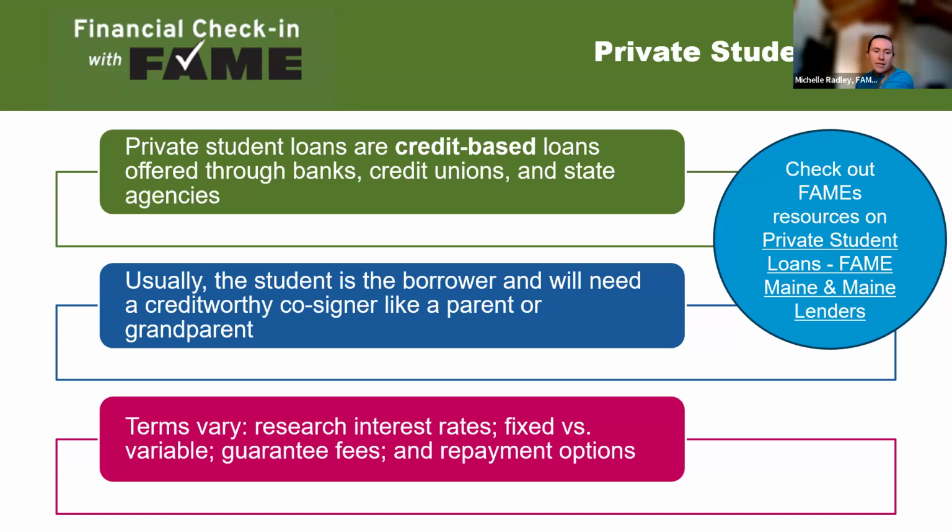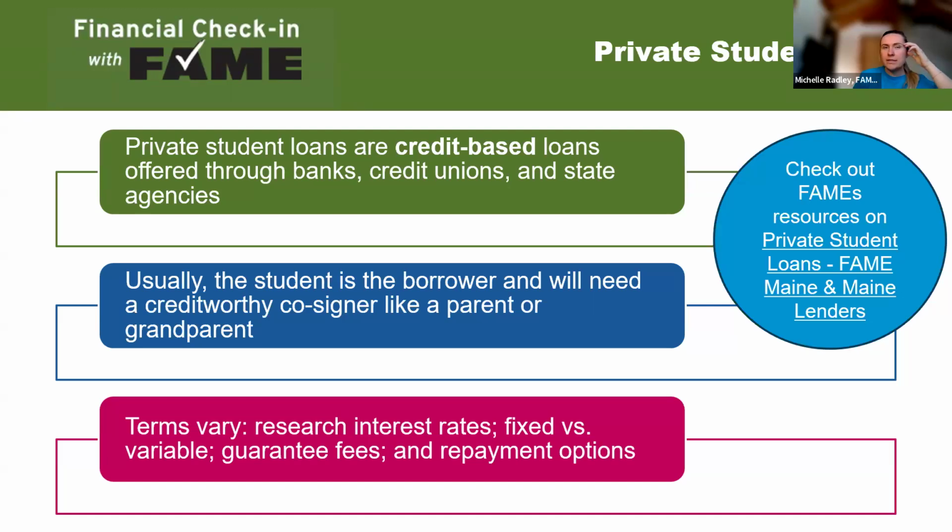Usually the student is the borrower, but they need a credit-worthy cosigner, because the way private loans work is there's no collateral. Like if you were to take a private loan on a car, education doesn't have that. So they need a credit-worthy cosigner, like a parent or a grandparent, for example.